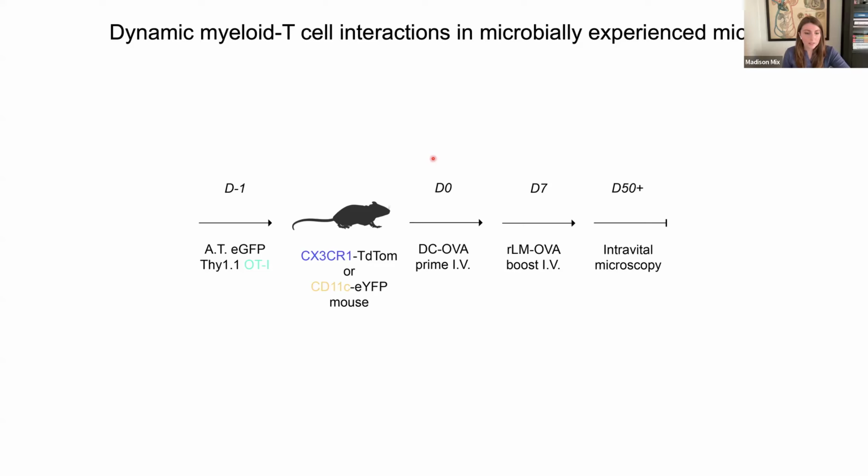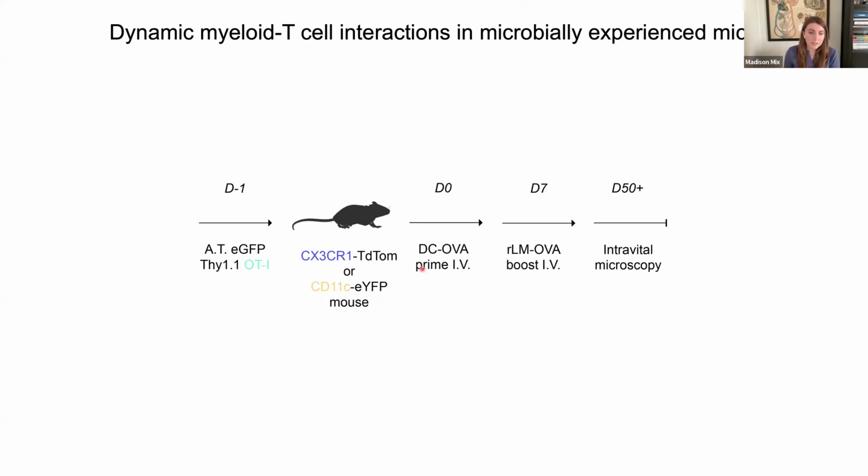We decided to focus on one set of interactions, CD8s with myeloid cells, and we wanted a technique that was tried and true in our lab, with a good signal-to-noise ratio where we could discern these interactions. So we adoptively transferred mice with EGFP-expressing Thy1.1 OT-I T cells that are specific for ova peptide. We transferred them into reporter mice, including CX3CR1 tdTomato mice and CD11c EYFP mice.